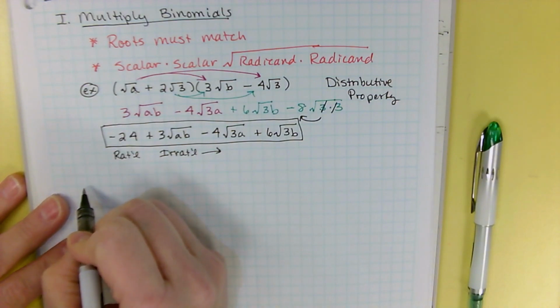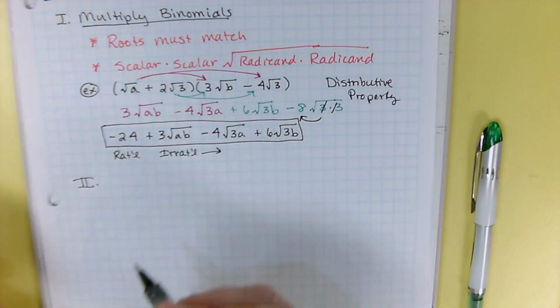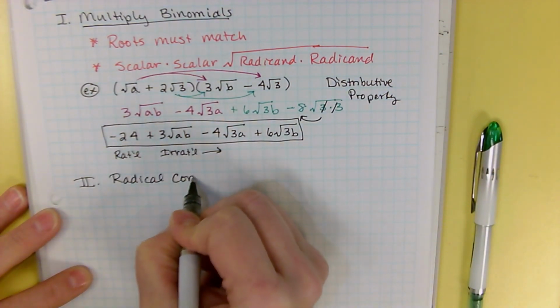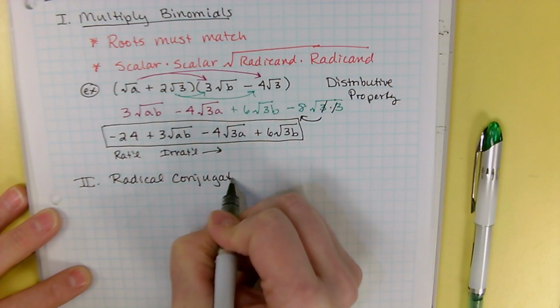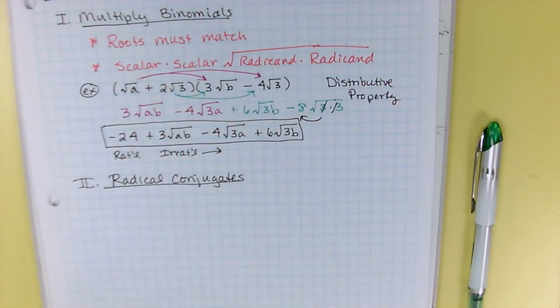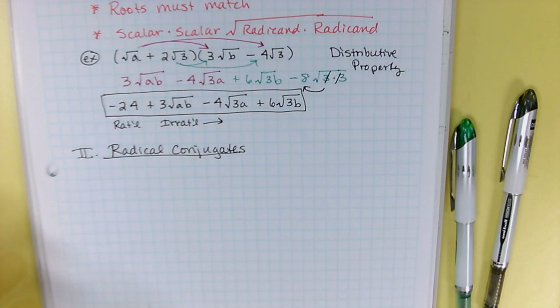Okay, Roman numeral 2. To be able to divide, you need to understand something called radical conjugates. You've heard the word conjugates before. We've used conjugates with complex numbers, with i's. The pattern is basically the same.